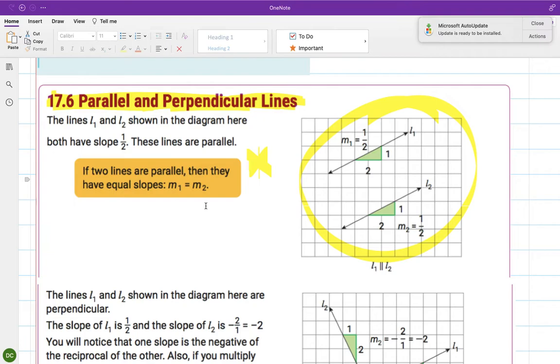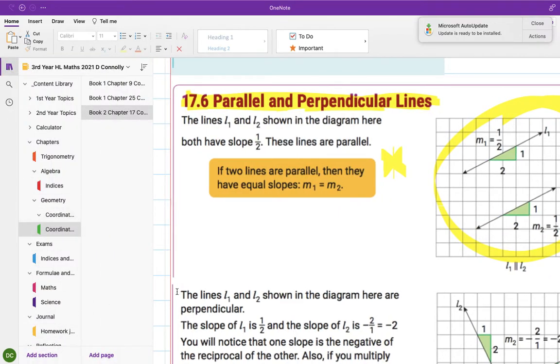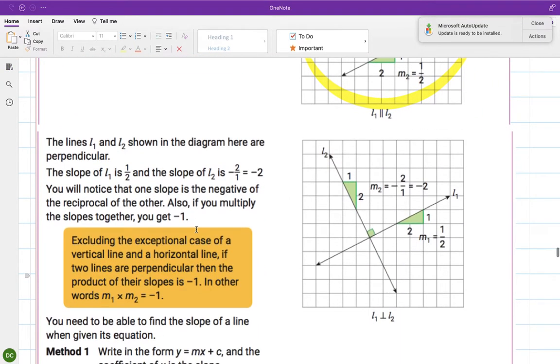Now, perpendicular is not quite so straightforward. With perpendicular lines, it says it here. If two lines are perpendicular, then the product, remember the word product means multiply, the product of their slopes equals -1.